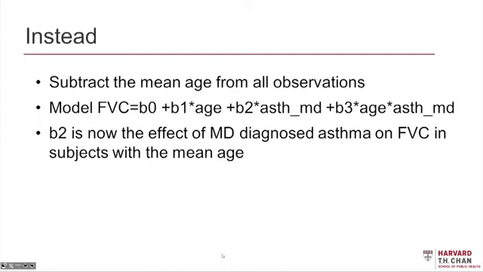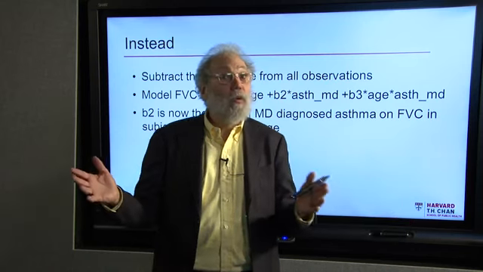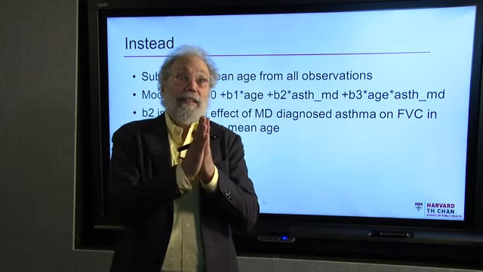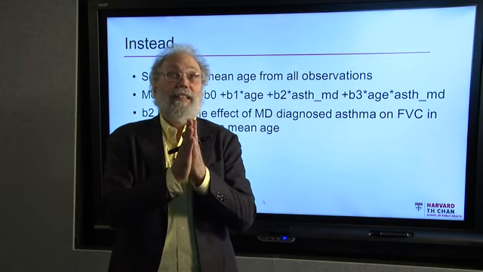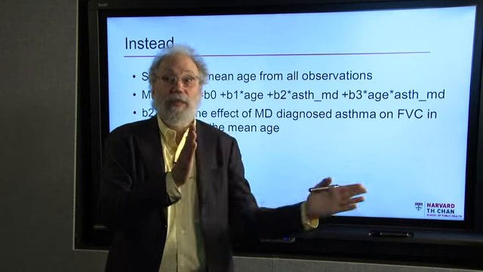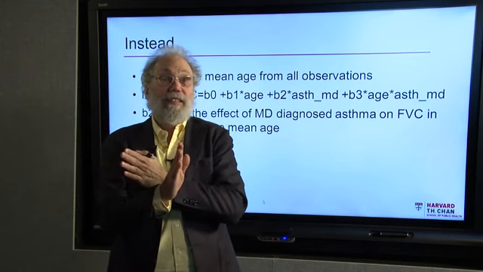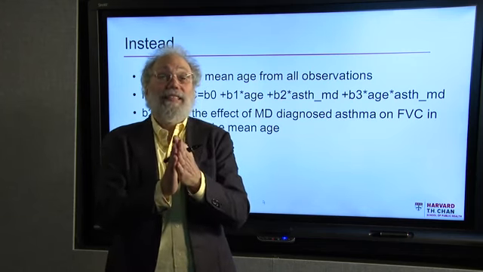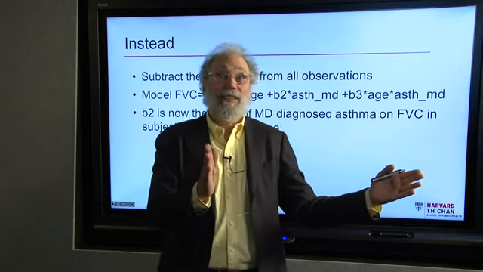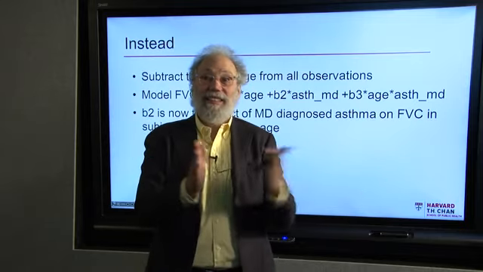Now what I mean by that is for every subject in the NHANES survey, you subtract from their particular age the mean age in the entire population. Okay? Now, doing that does nothing to change the variation in age from one person to another, right? If one person is 16 and one person is 12, the difference in age is 4.